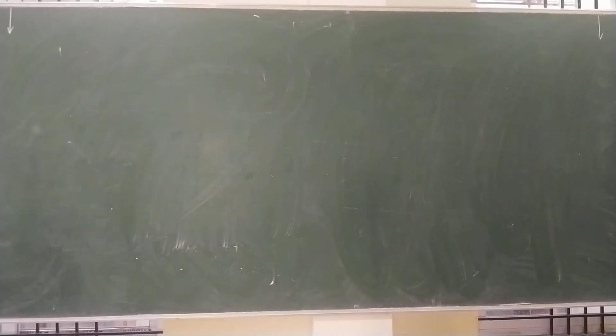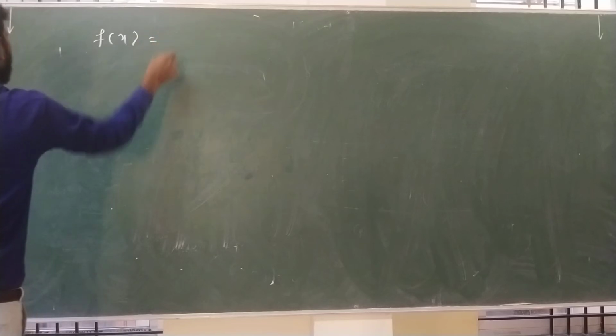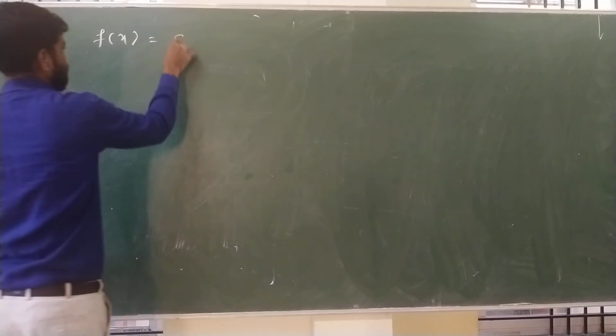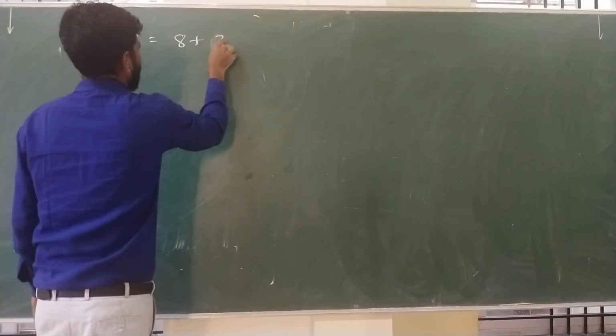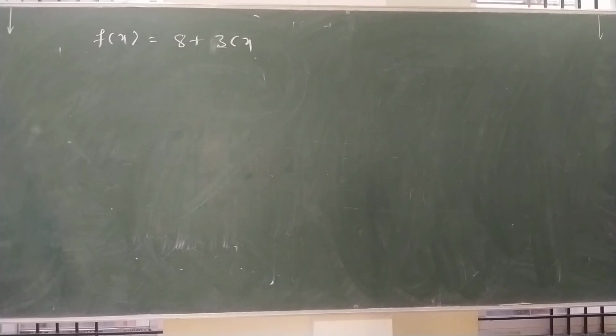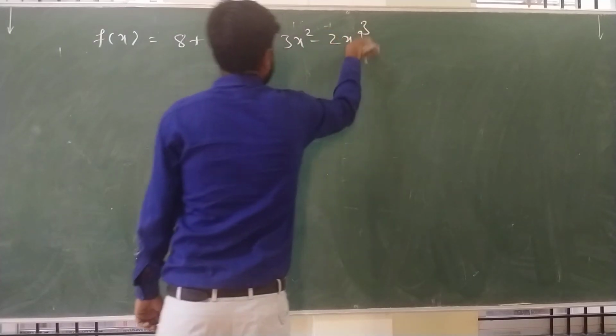Yes, going to next problem. Write down. Find the intervals in which the function is strictly increasing or strictly decreasing. A function f of x equal to 8 plus 36x plus 3x square minus 2x cube.